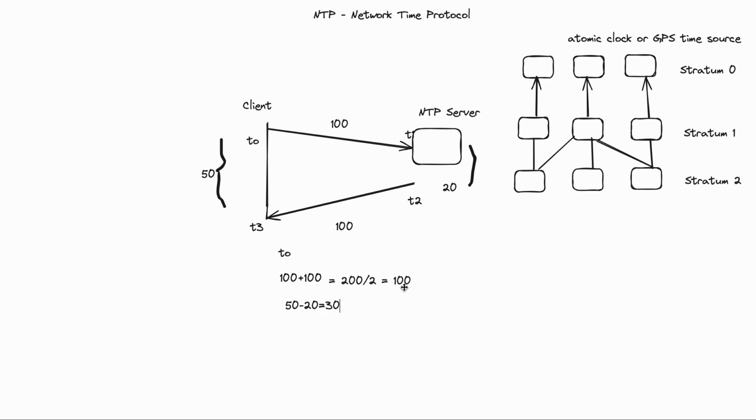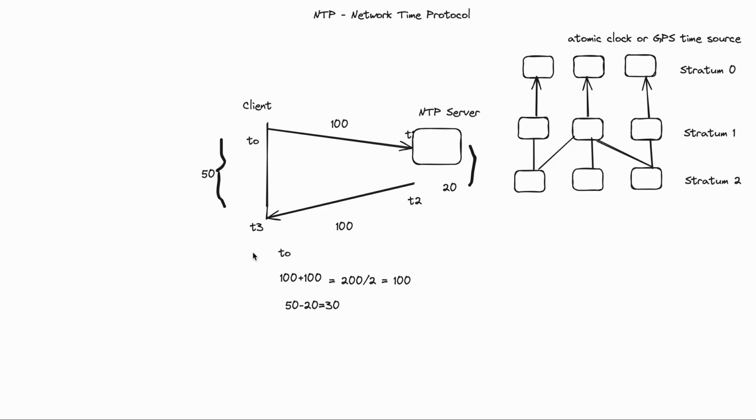So 100 plus 30, 130 milliseconds, is how much we have to move the time from T0 to update our time. This is how we update our local time. We have to calculate the amount of time taken to make the request and process the request, then update the time by subtracting the latency.